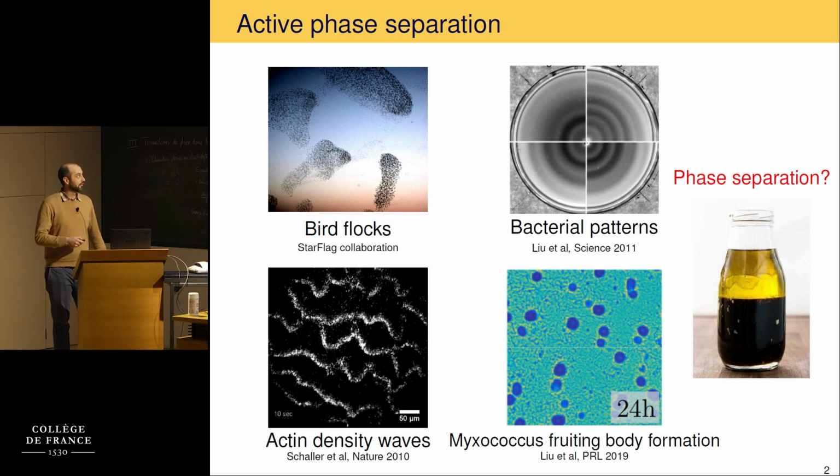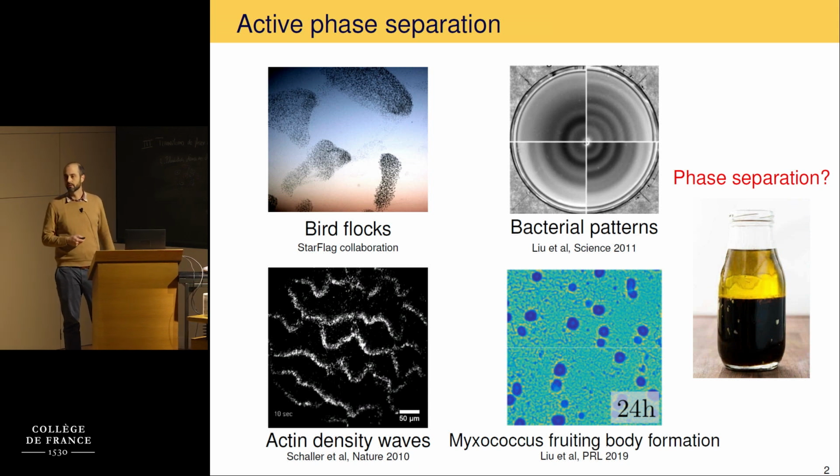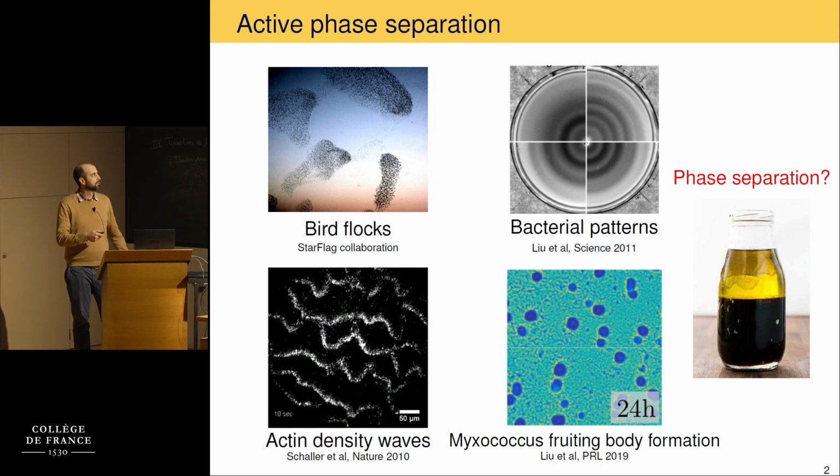So of course, these are very different. They are biological systems. It's more complicated. But what I want to show is that there are some kind of variations around the phase separation. And in the simplest theoretical description that we have to understand these systems, they are ultimately phase separation.